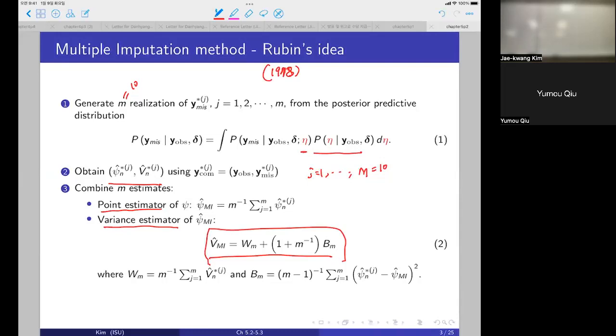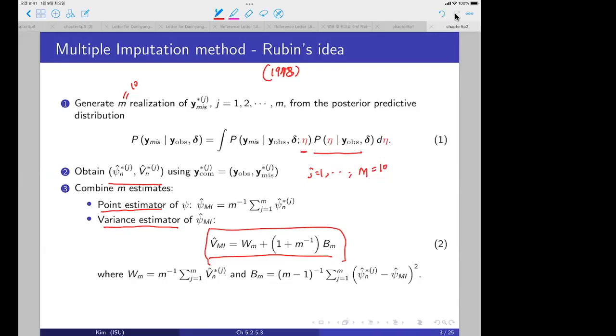So when you apply, actually, I was gonna explain this a little bit. So remember that our imputation estimator is actually a function of eta hat, right?